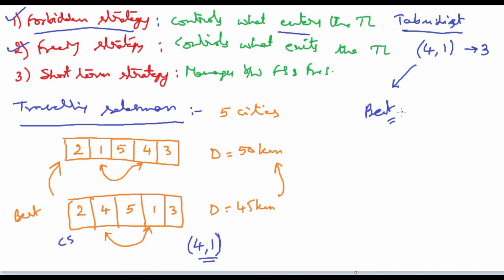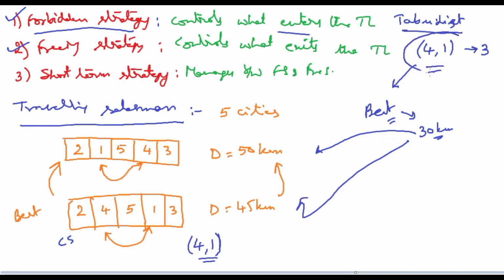For example, in the next to next iteration itself, you have got 30 kilometers. That is the best when compared to the previous two distances. So I can simply remove this item from the taboo list and go ahead with that change. This removal can be done by aspiration level. So this thing is called aspiration level.